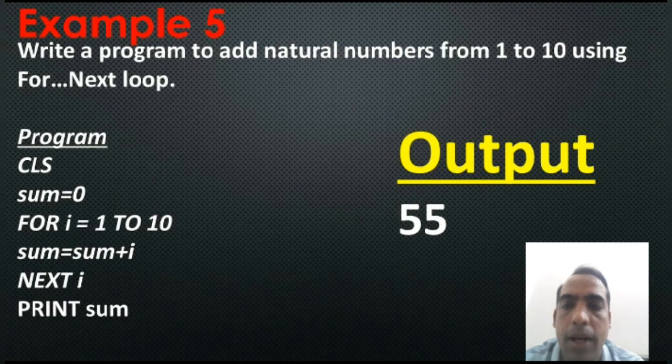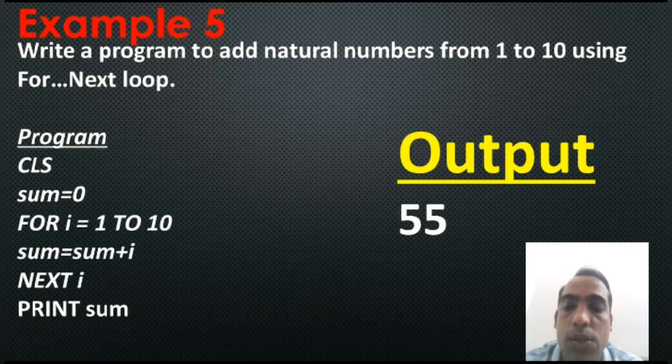Example 5. Write a program to add natural numbers from 1 to 10 using for next loop. First we have to write CLS to clear the output screen, then sum equals to 0. Here sum is a variable which stores 0 initially. For I equals to 1 to 10, because we have to add the numbers from 1 to 10.